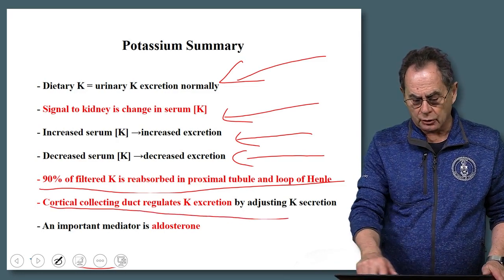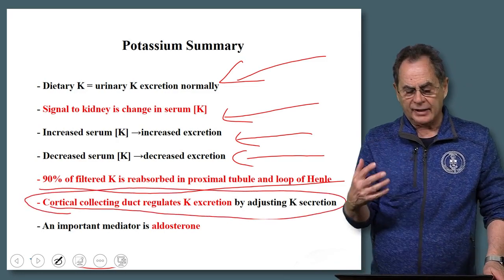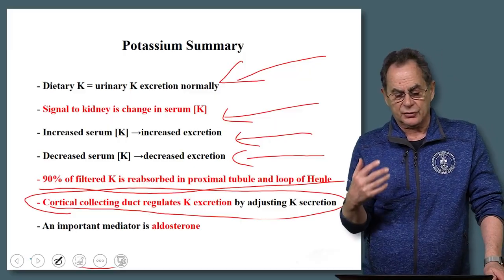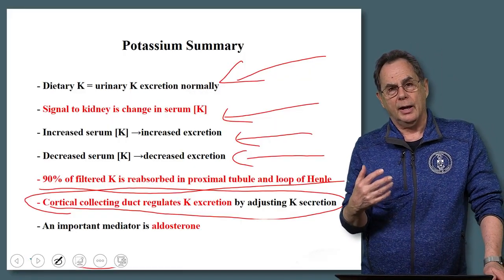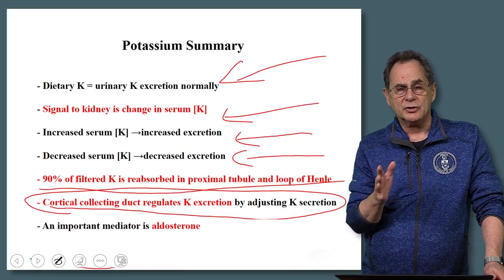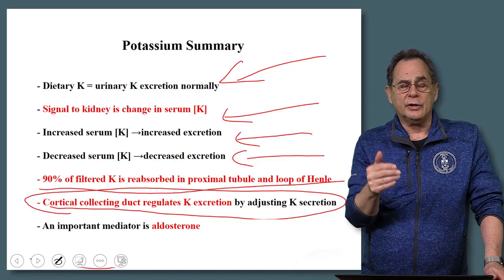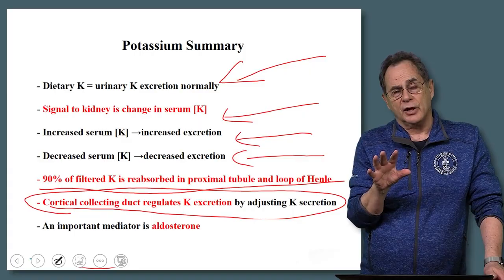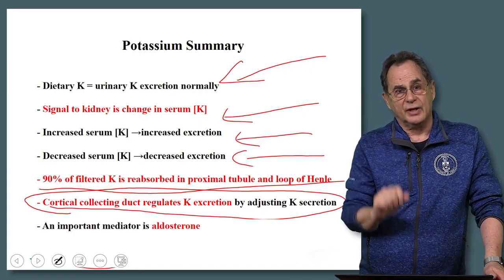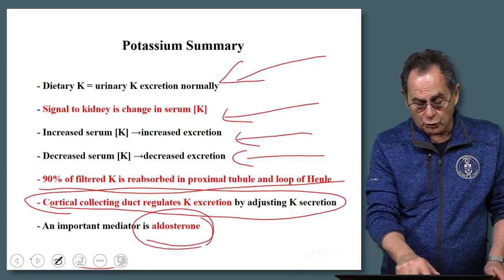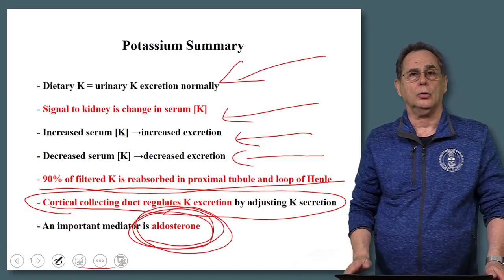The cortical collecting duct regulates potassium secretion, enables you and I to maintain potassium homeostasis or balance by altering the activity of those transporters and influencing passive K secretion. Aldosterone playing a critical role in that.